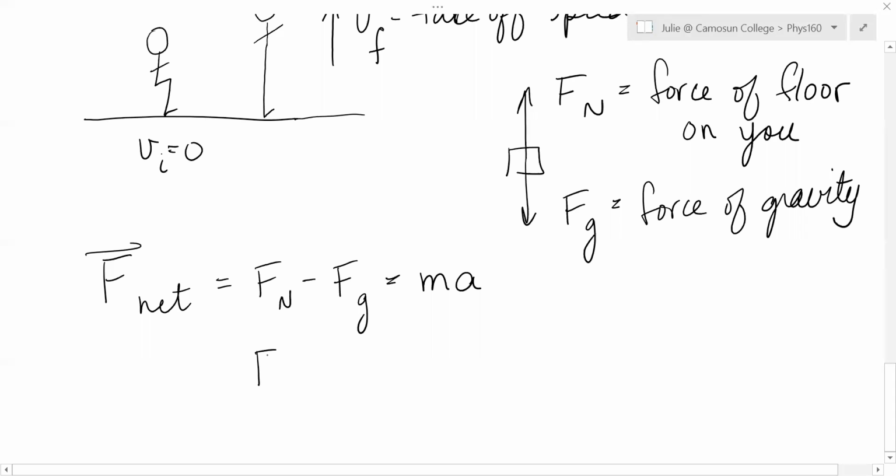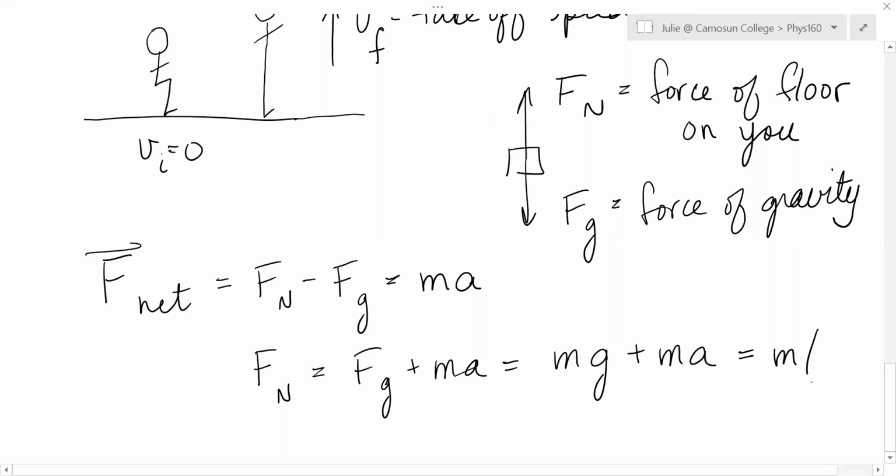And so the normal force on your body, that you create by pushing as hard as you can, now you don't have to do anything. If you just stand there, it would equal your weight. But if you want it to be bigger, you're going to have to push off the floor. It is equal to Fg plus ma. Or if I write Fg as mg, it's mg plus ma, which is equal to m times (g plus a).